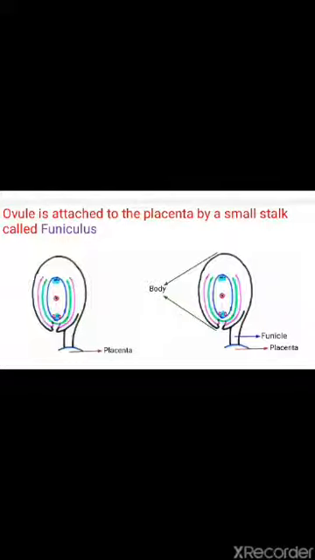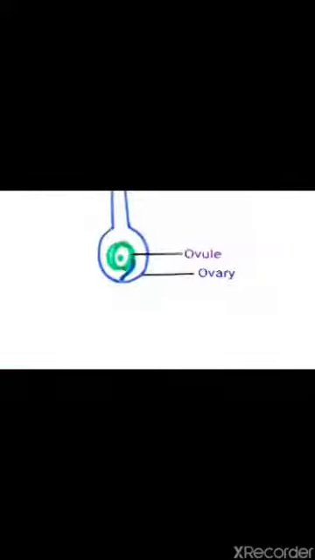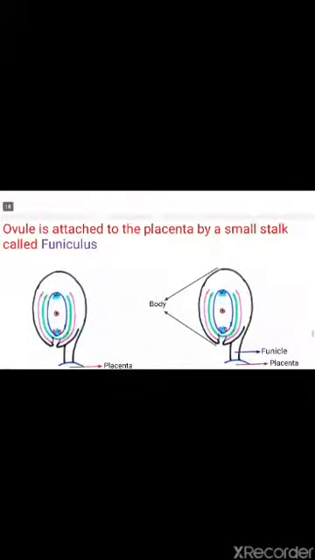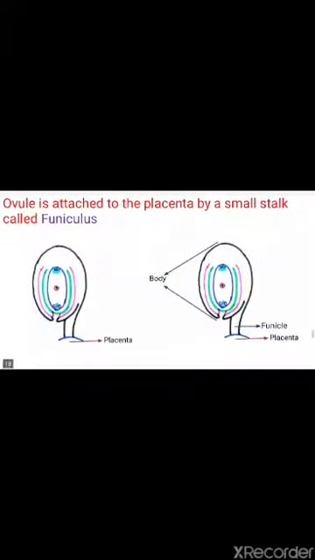Ovule is attached to the placenta by a small stalk called funiculus. So in this diagram, you can also see that this ovule is attached with the ovary by means of a very small part, and that is called the placenta. So this ovule is attached to the placenta by a very small stalk called funiculus.